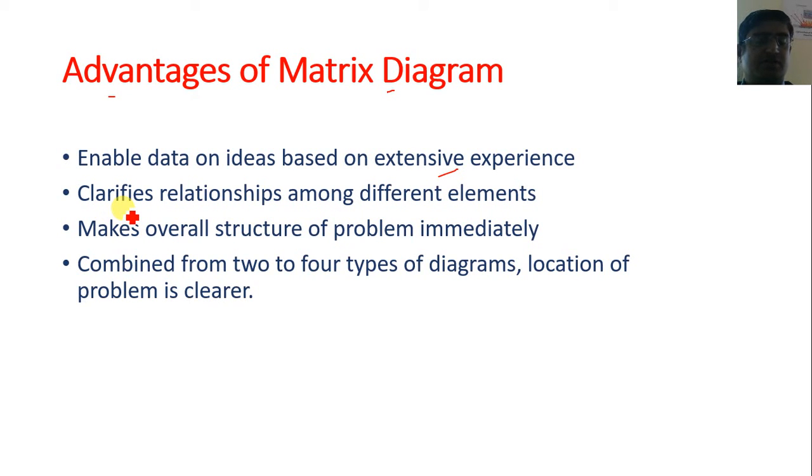It clarifies the relationships among the different elements, and makes the overall structure of a problem clear immediately, within a very short time, so it is a very rapid tool. It also combines from two to four types of diagrams, and the location of the problems becomes clear with the help of this matrix diagram. So it is also a good thing.